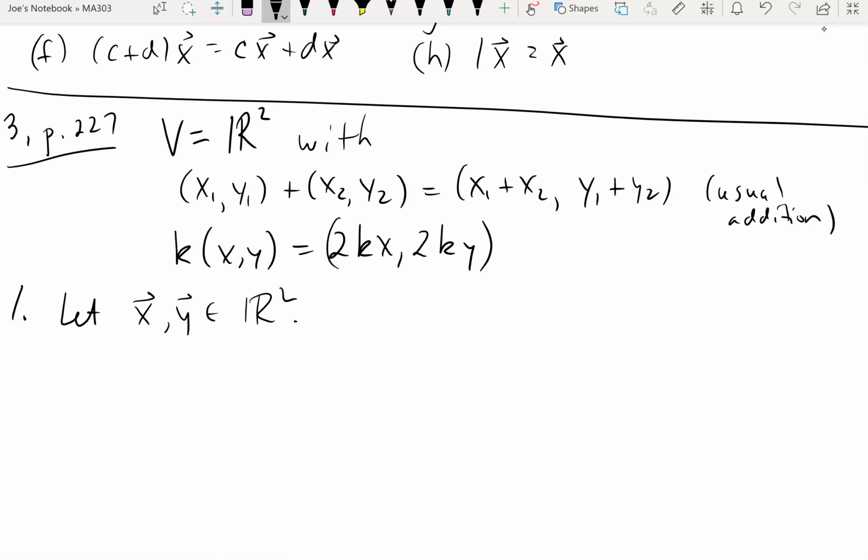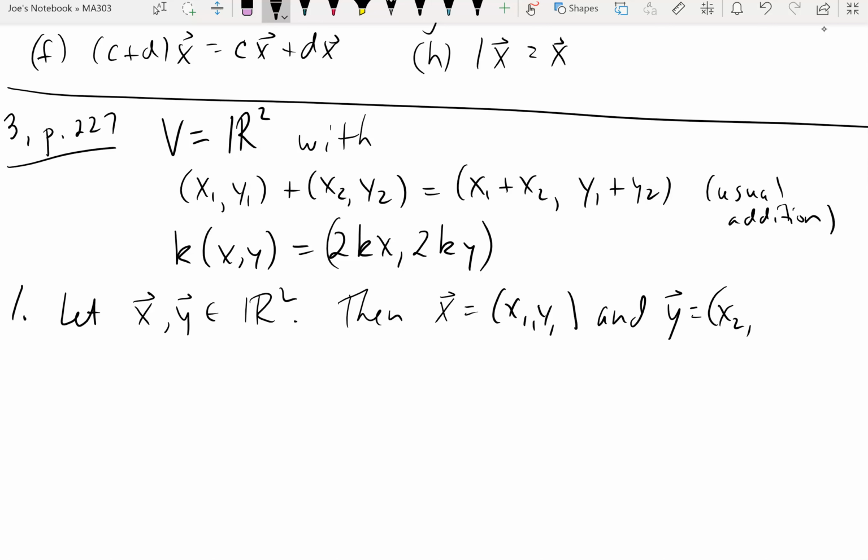What do x and y have to look like? What do the objects in R2 look like? They look like ordered pairs, right? So I'll say that my x is x1, y1, and my y is x2, y2.